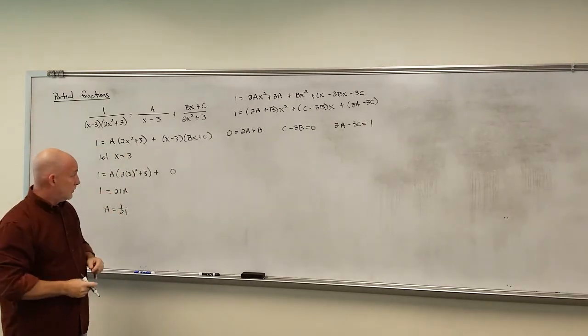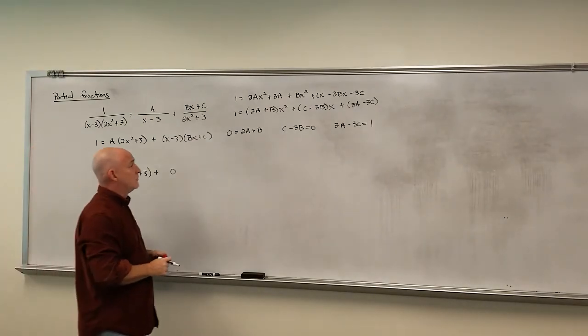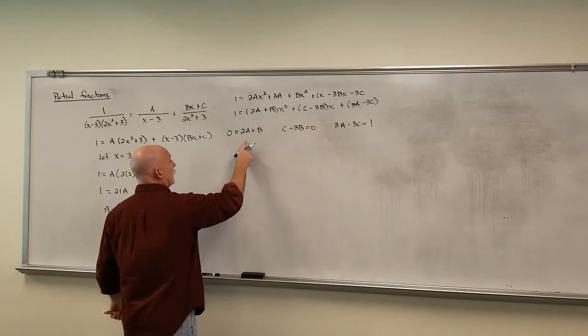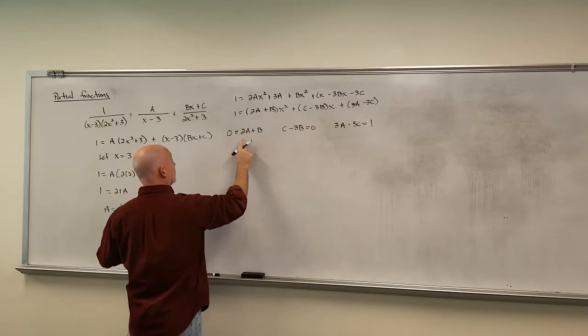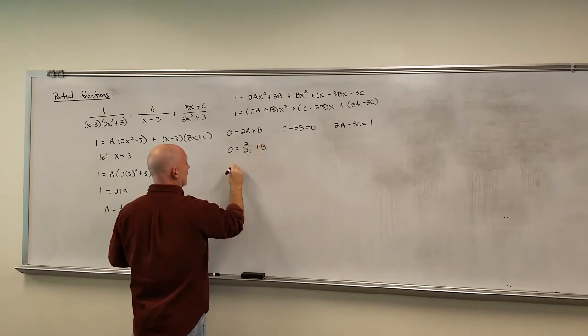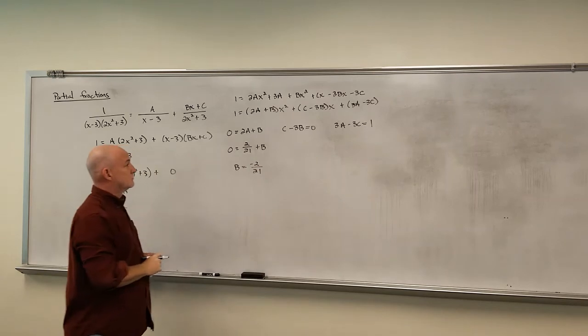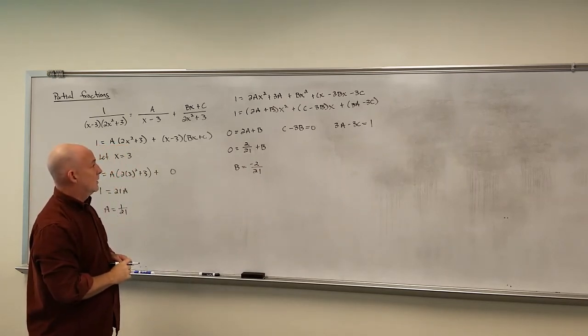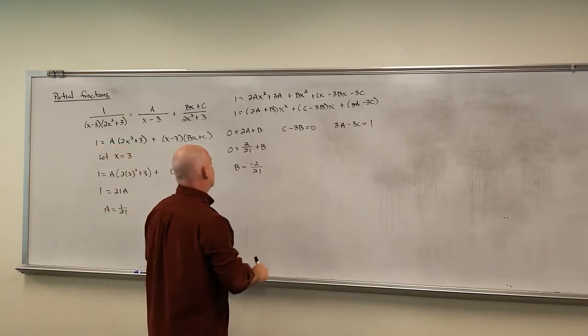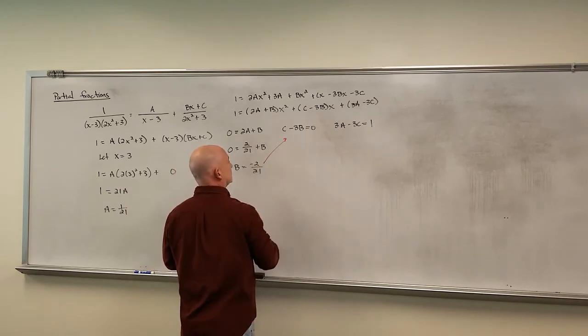The good news is we actually already know what a is, so that's going to help us figure out some values here. If a is 1/21, that's going to be 2/21 plus b, so b is negative 2/21. Okay, that'll help me figure out what c is, because now I know that goes there.